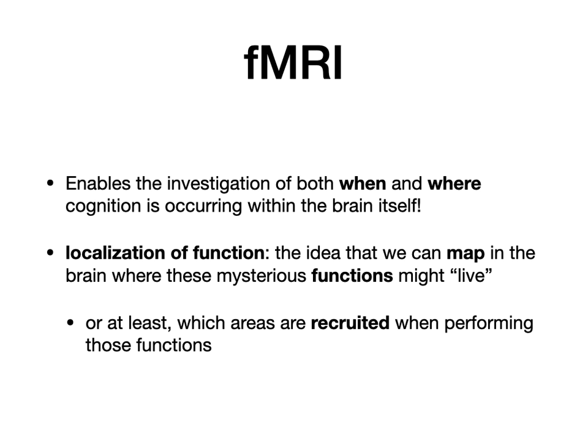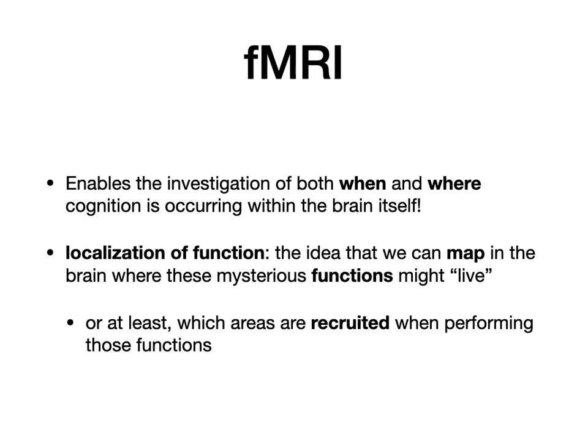This is awesome because it shows the overall picture, how much brain activity is going on when you ask me to solve math. At the aggregate level, sure, we can say how active the whole brain is. But it's also able to say, oh wait, when I have you do this task, only this region seems to be lighting up effectively. And when I have you do this other kind of task, this region lights up more. This allows us the idea of localization of function. We can map in the brain where these different mysterious functions might actually live.